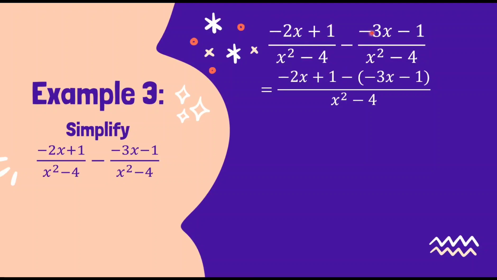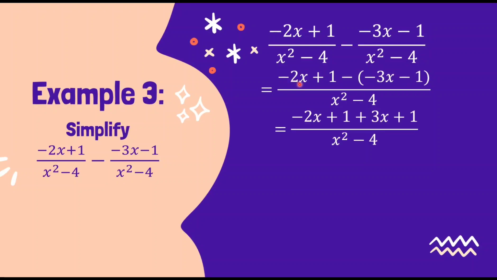Since the negative 3x term follows the subtraction in our operation, we need to have open and close parentheses. So we have negative times negative 3x minus 1. Let us perform the operation on our numerator.